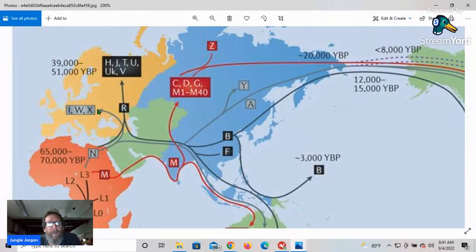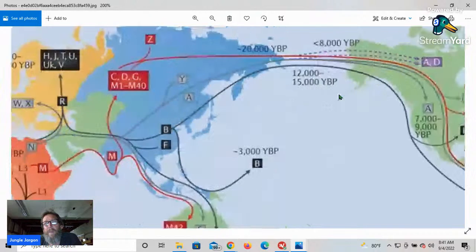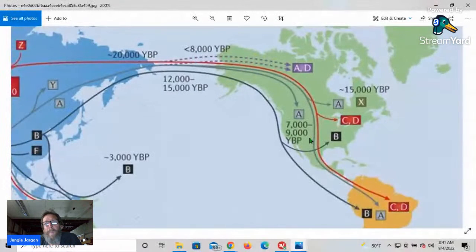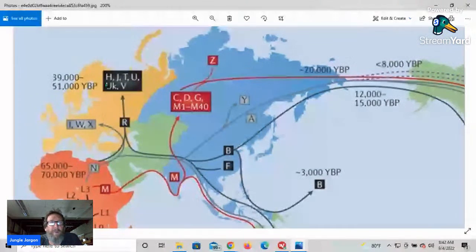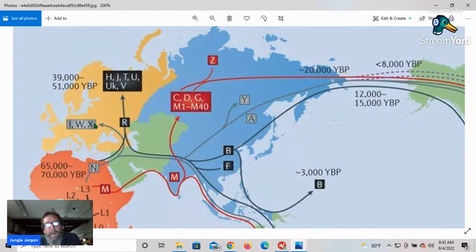One of them was given away to Madai, which follows Madai, which is the X, and the A that went to America. Because Madai Q is in America, that's the majority population. And Madai was also in this area of Europe, which is the reason for the X, W, and I in Europe.